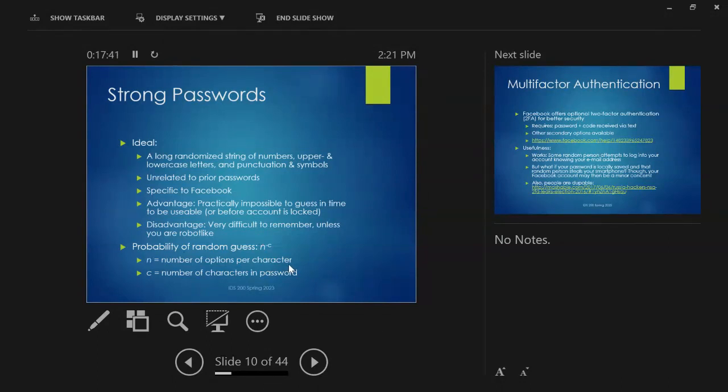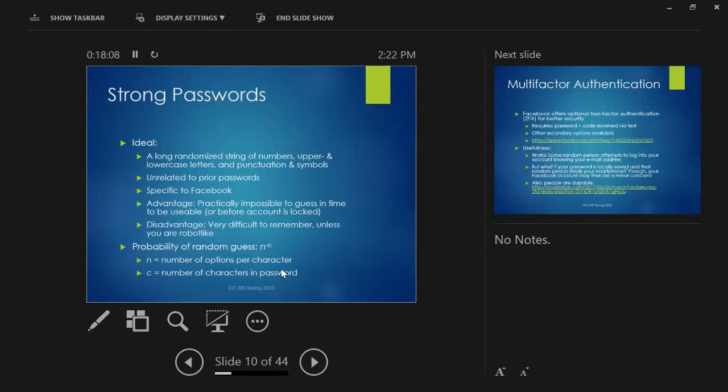So if you have n options per character and so many characters, it's n times n times n times n, times however many characters you have, right, is the number of possibilities that there could be for your password. So the chance of guessing it is 1 in that, which means if your password is longer, it becomes exponentially harder to guess. If your password contains a wider character mix, again, it becomes exponentially harder to guess.